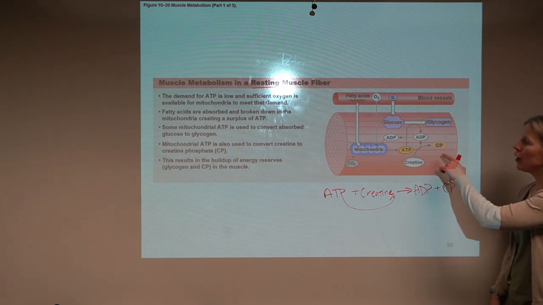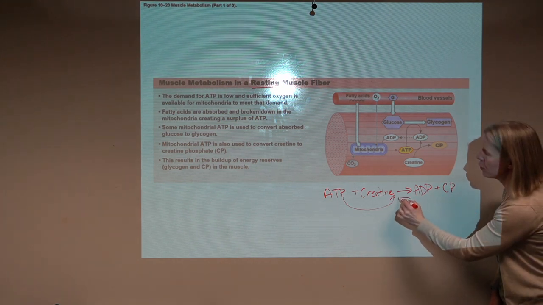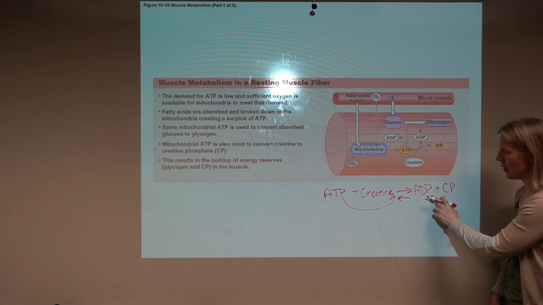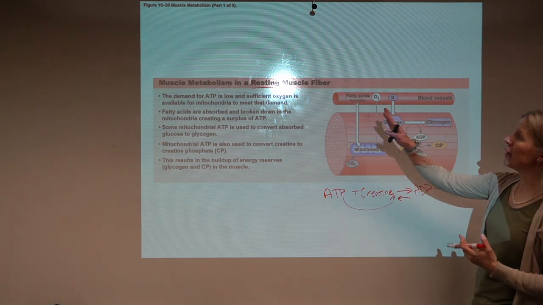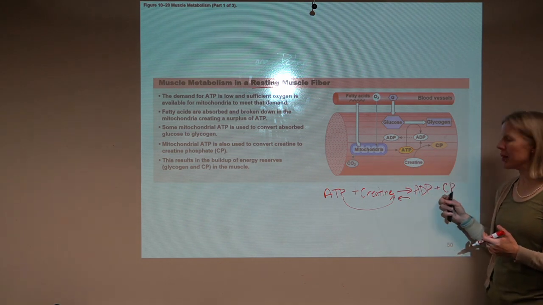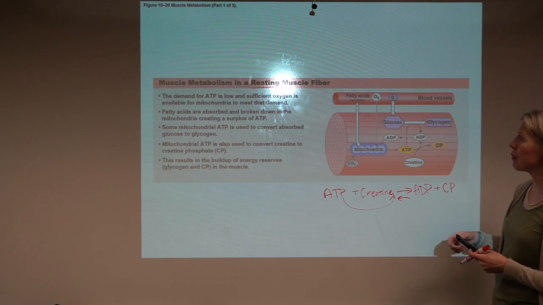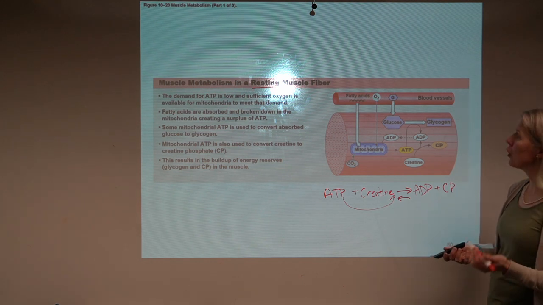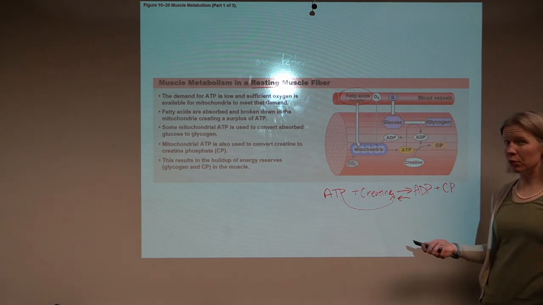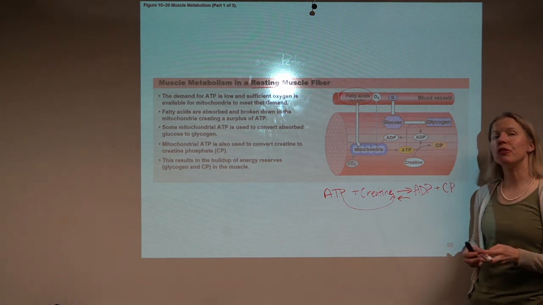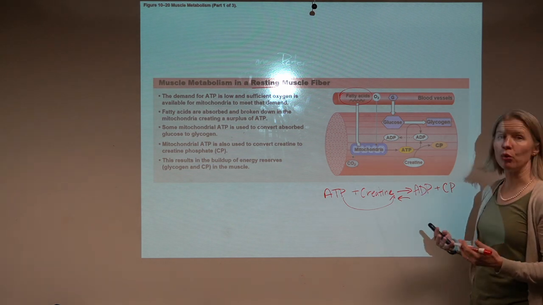Okay? Later, when we see muscles actually trying to do something, we can reverse this reaction, pull that phosphate off, re-energize the ATP, and use it in the cell. But in a resting muscle, we might be building up this creatine phosphate system. Other things to notice here is that at rest, skeletal muscle is quite happy to use fatty acids from the blood supply as their fuel.